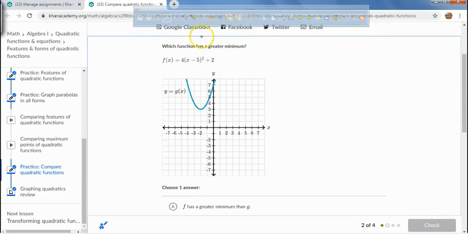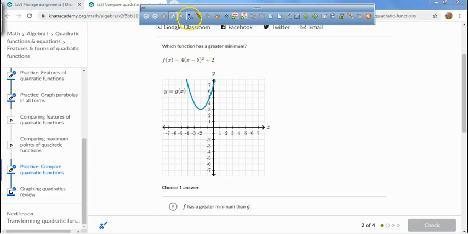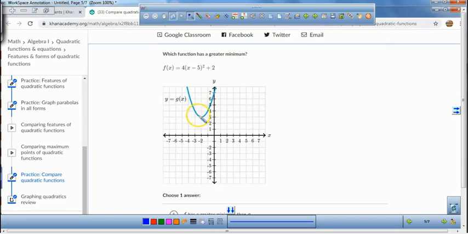Alright. Now this one says, which function has a greater minimum? Well, f of x is written in vertex form, and the vertex will be at 5 and at 2. And g of x, there's the vertex right there at negative 2, comma 3. So our vertex right there for g of x is at negative 2, comma 3. And f of x, our vertex is at a 5 and a 2, because that's in vertex form.